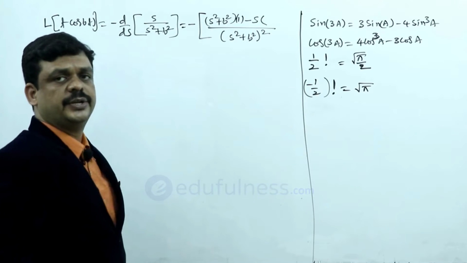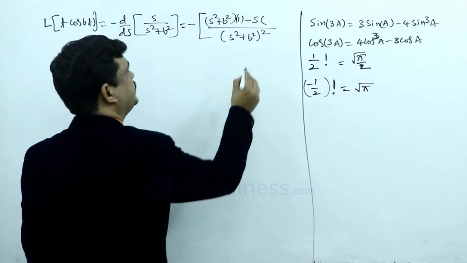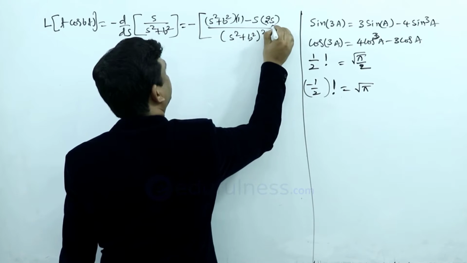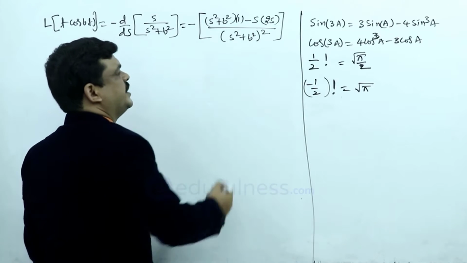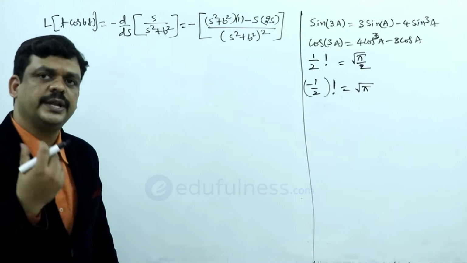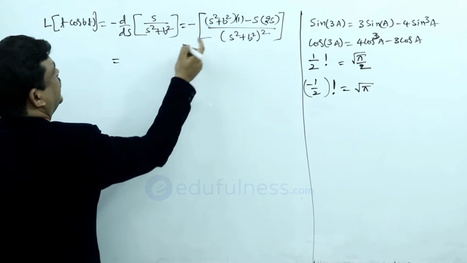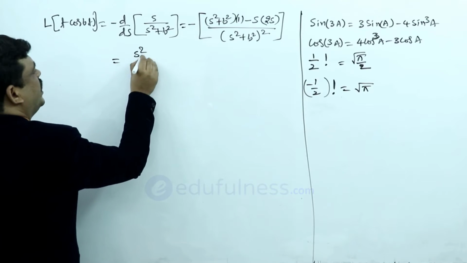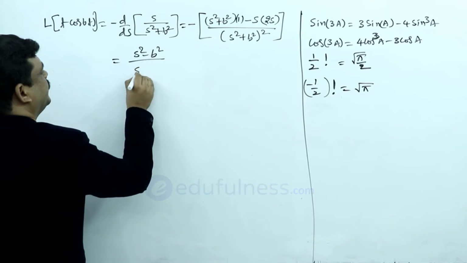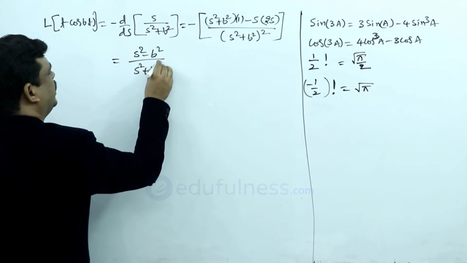Differentiation of s square becomes 2s, and b is a constant, so the differentiation of b square becomes 0. Then the simplified answer is: the minus cancels, giving s square minus b square by (s square plus b square) whole square.